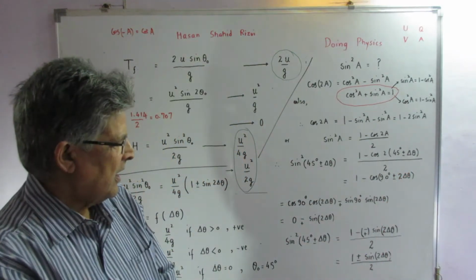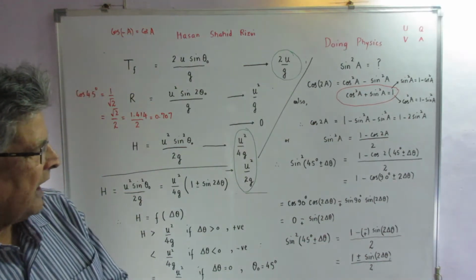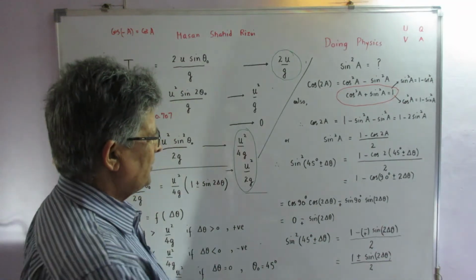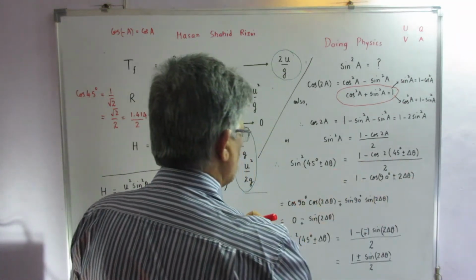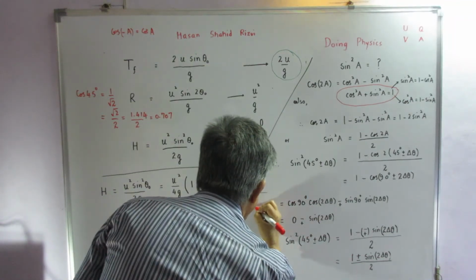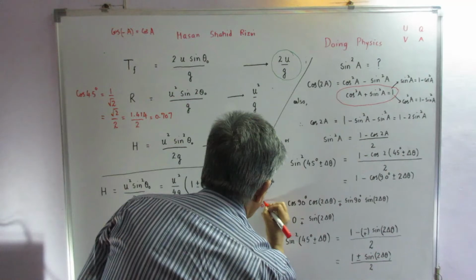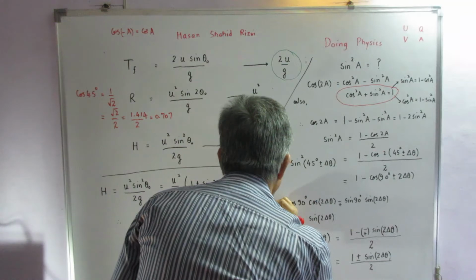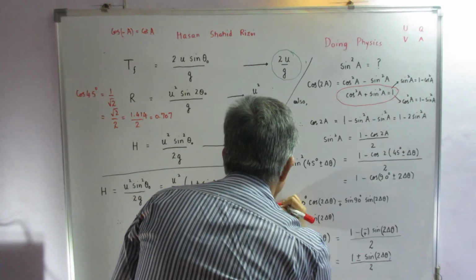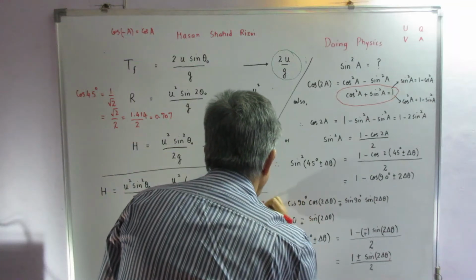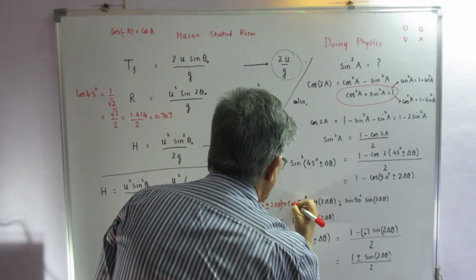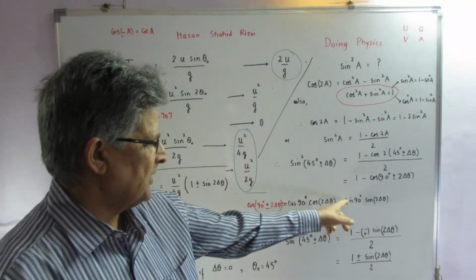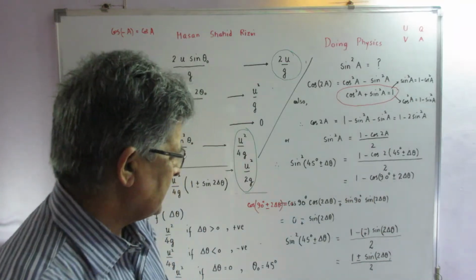Now, I told you that cos of 90 degrees plus minus 2 delta theta will turn out to be equal to cos of 90 degrees cos of 2 delta theta minus plus sine of 90 degrees sine of 2 delta theta.